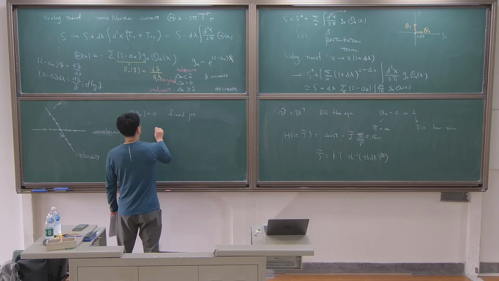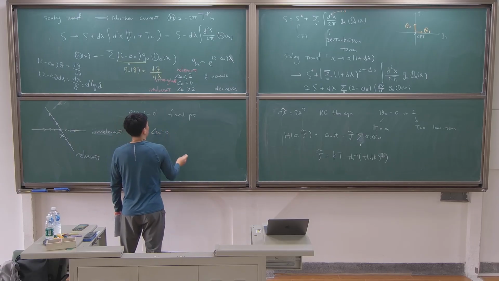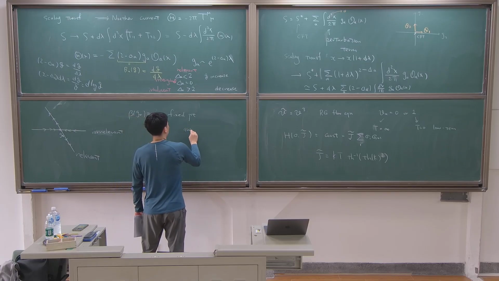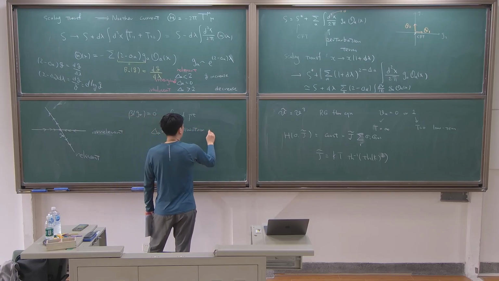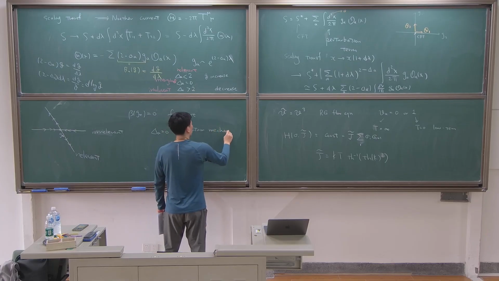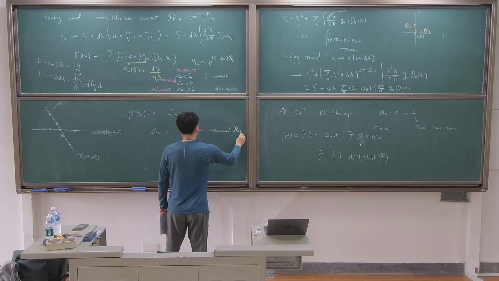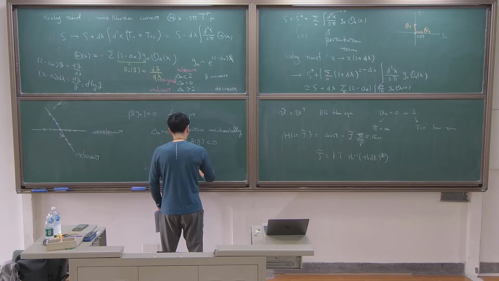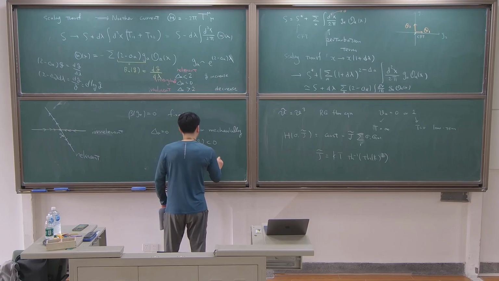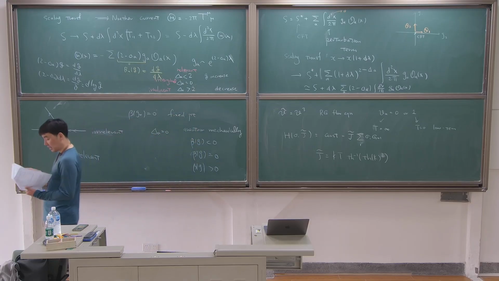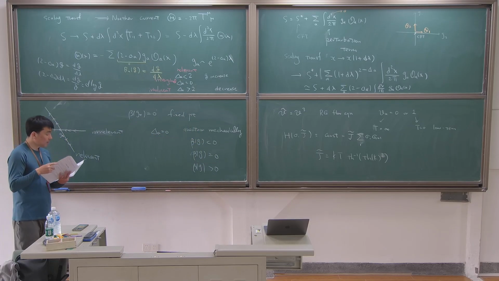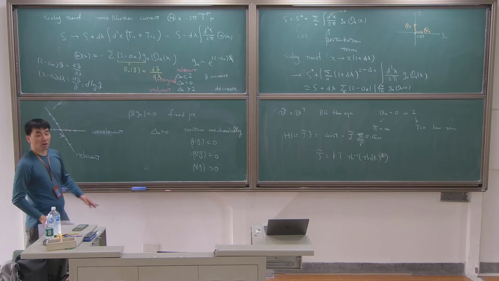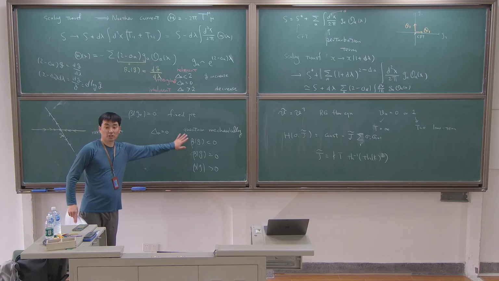So when Delta equals 0, quantum mechanically the beta function can be 0, or if you include quantum effects, you can have a non-zero beta function.